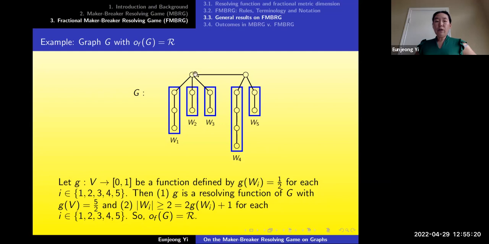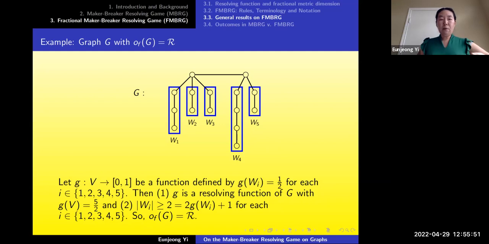So for W1, W2, W3, you can just assign values 1/2 to each to make it easy, as well as the second extreme major vertex, which has terminal degree 2, so for W4 and W5 we assign values 1/2 each. Over all the vertices, summed together, this g forms a resolving function of the graph with a value of 5/2.